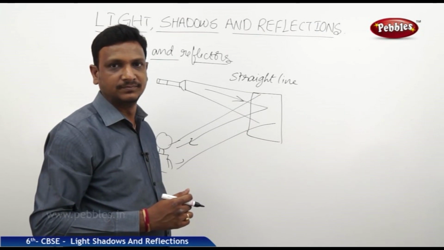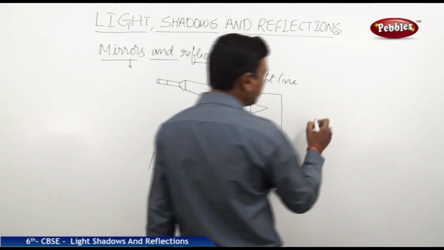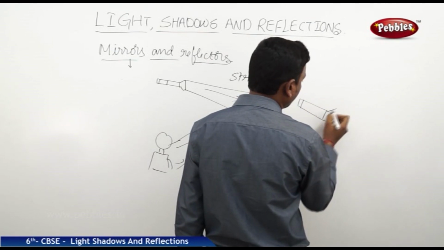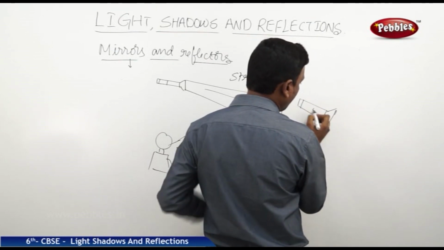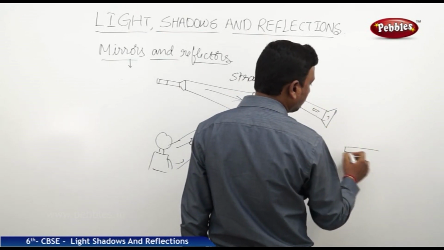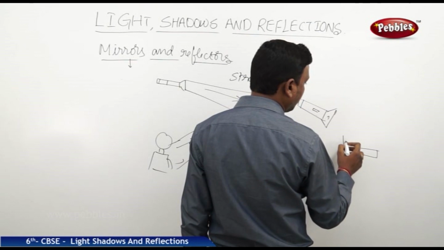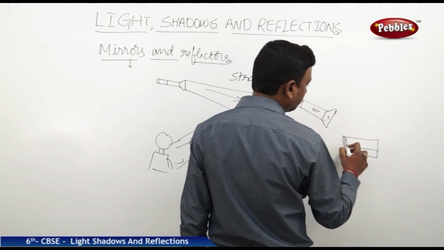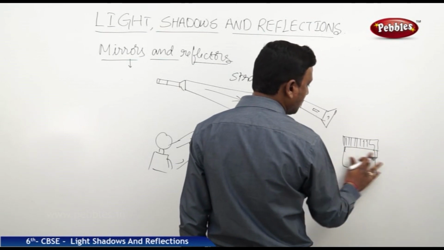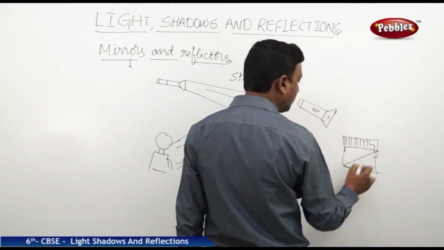That is possible. Here we can do one more activity. You can take a torch. You can focus the light onto a cardboard, where you have kept one comb. You kept a comb over here. So on this board you kept one mirror.